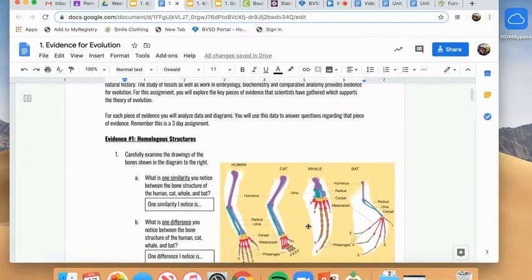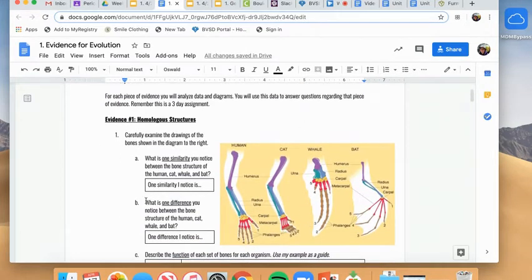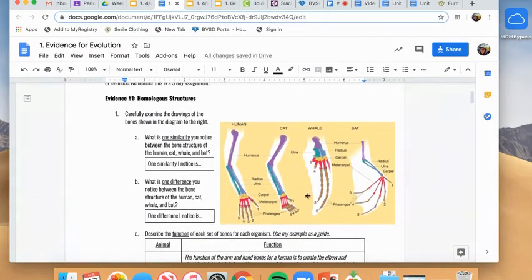Okay, so if we go back to number 1, the first thing you're doing for this piece of evidence is examining this picture here. You'll notice that in the picture, there are 4 bone structures, one for the human, the cat, the whale, and the bat. The first couple of questions are asking you about similarities and differences that you notice.